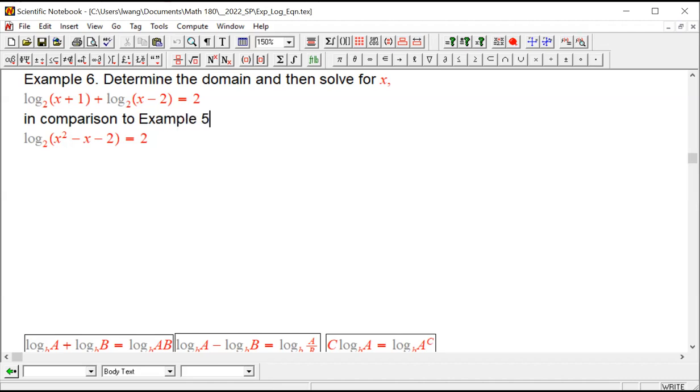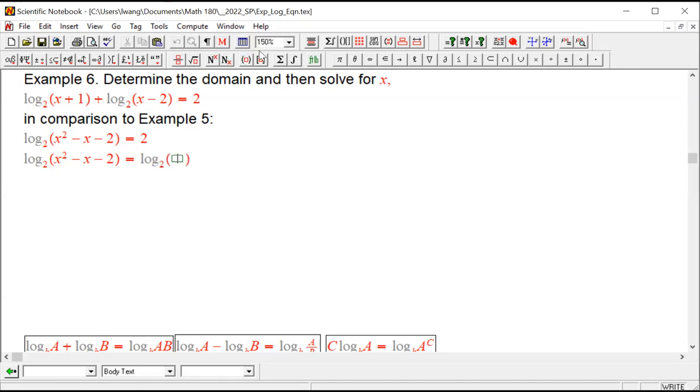Example number 5. Then you would say, well, if you do log base 2, and if you factor this inside, you're going to get log base 2 of x plus 1 plus log base 2 of x minus 2, right?